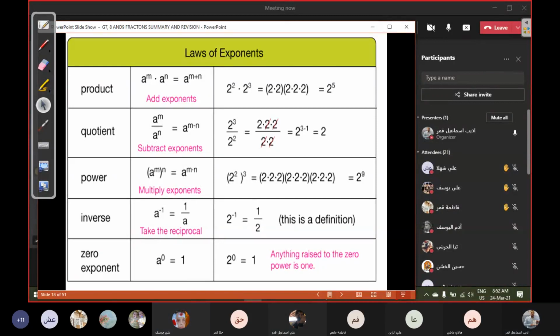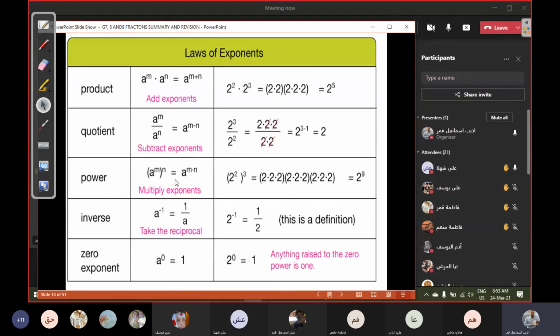Third one. Now we have power of a power. a to the power m, power n, equals a to the power m times n.